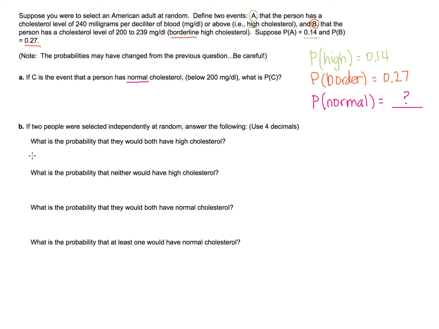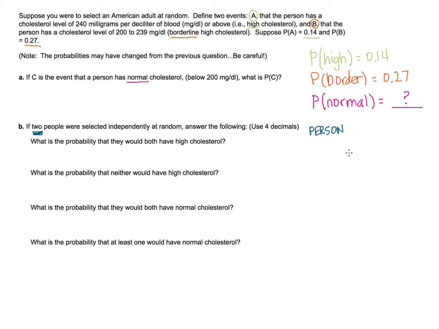So the key here is that we have two people that are randomly selected. And so what we're going to be doing on all of these is we're going to have person A, or person 1, let's do it that way, because we're already referring to events in terms of this A and B concept up above.